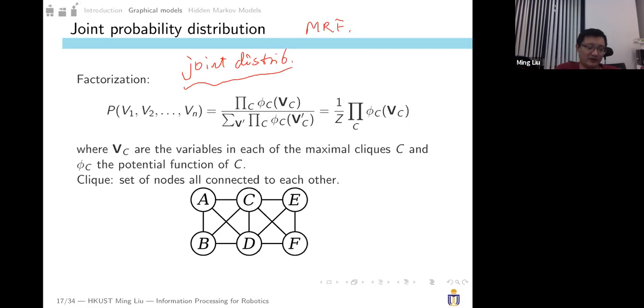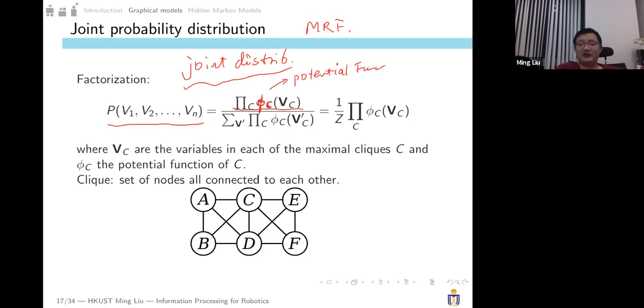So the joint distribution of MRF is defined as a product of the so-called potential functions, the phi c.